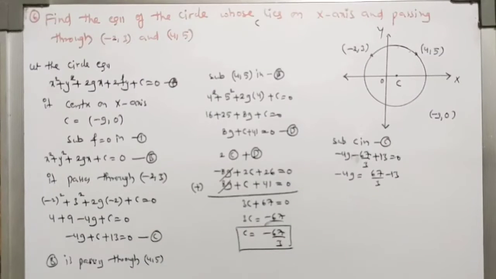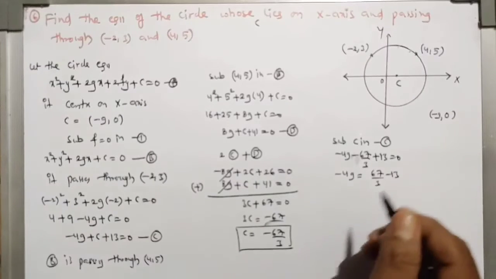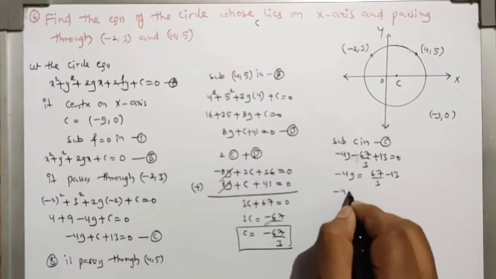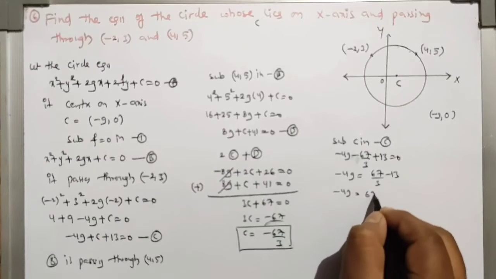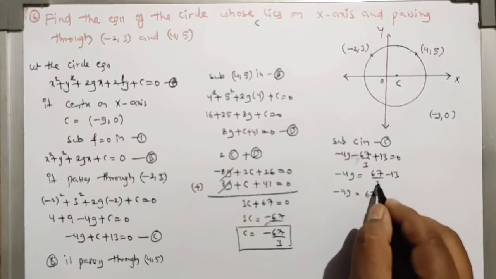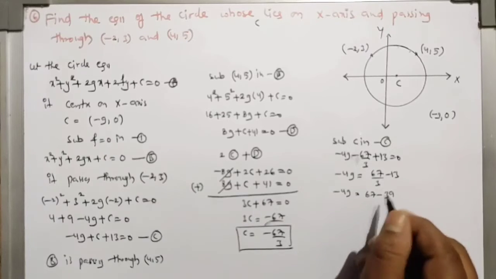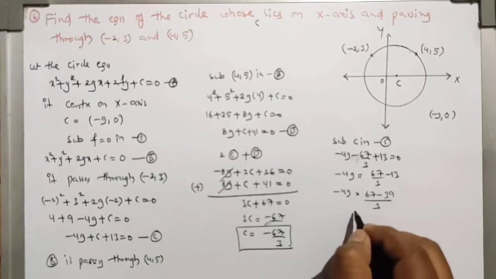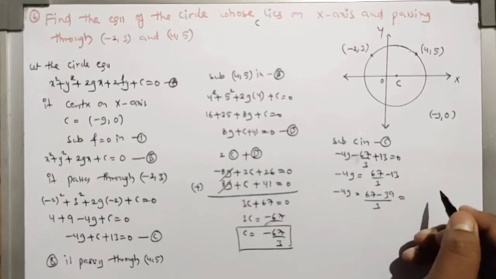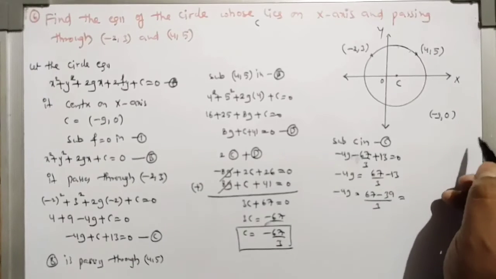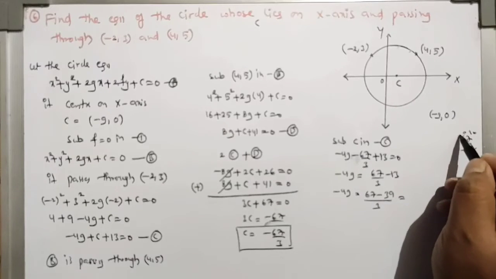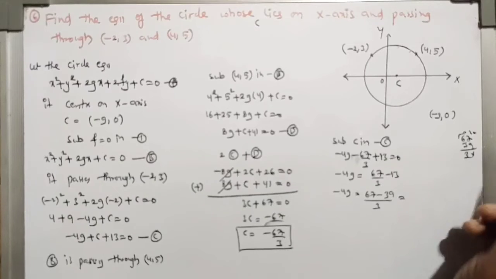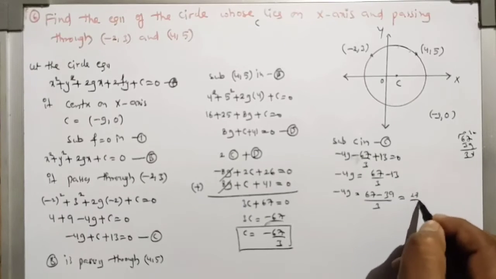So 3 is the LCM here. Therefore minus 4g is equal to 67 minus 39, over 3. 67 minus 39 is 28, so we get 28 by 3.